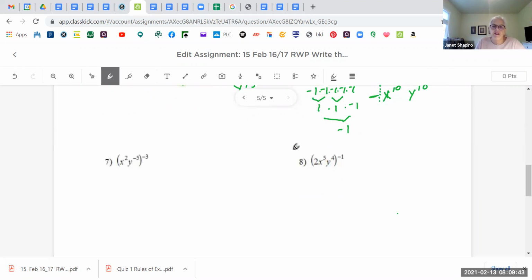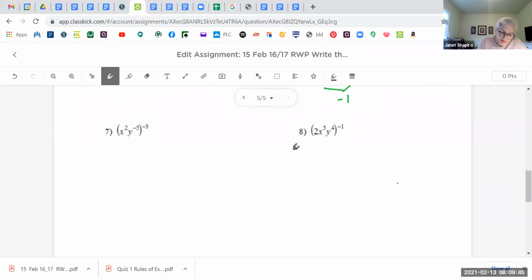All right, our last two examples. Again, we're going to distribute the negative exponents, so we get x to the negative 6. We multiply powers when we have a power of a power, and we get a positive 15. We need to rewrite that. The positive exponent stays where it is. The negative exponent moves to the reciprocal place.